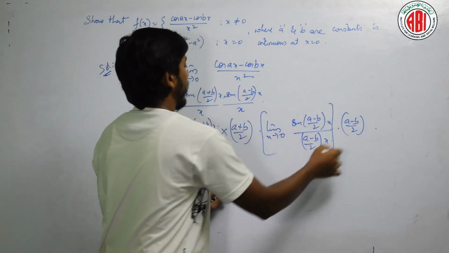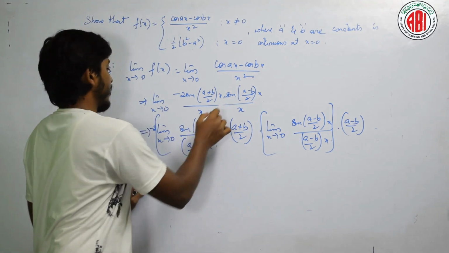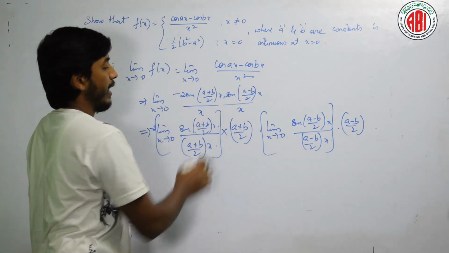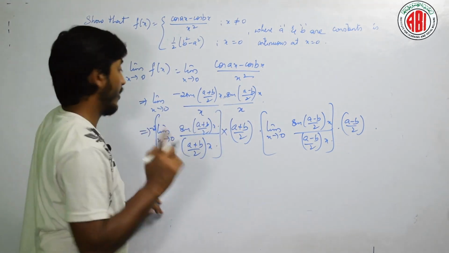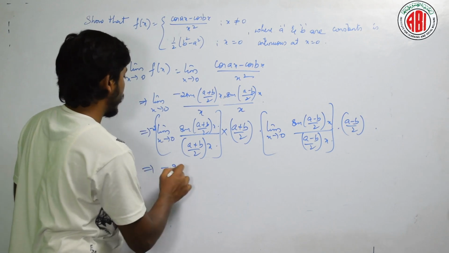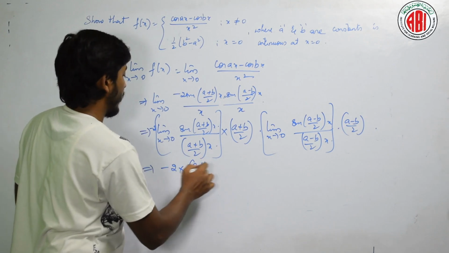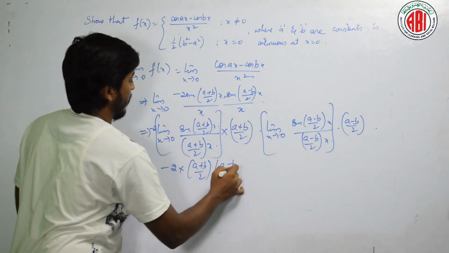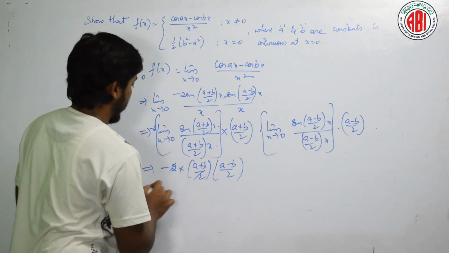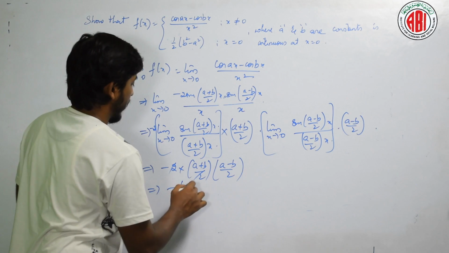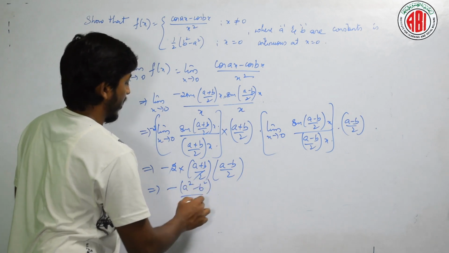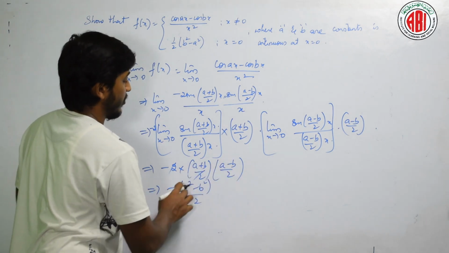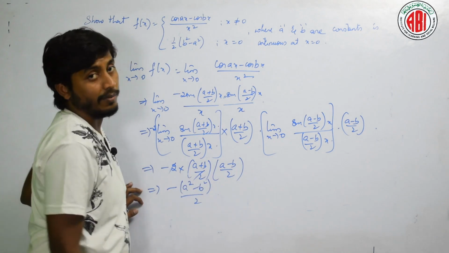Now, what is the value of this? Limit x tends to 0 of sin x by x is 1, minus 2 into a plus b by 2, again this is also 1, and the leftover is a minus b by 2. The 2 is cancelled: minus a square minus b square by 2. a plus b into a minus b becomes a square minus b square.